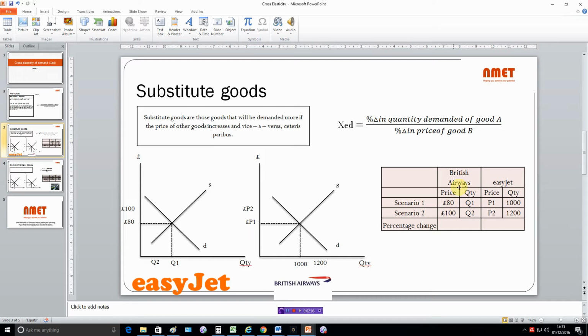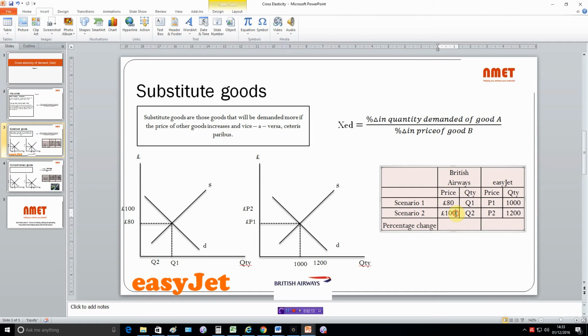For British Airways, the price was £80, and from £80 they have increased it to £100. So how much is that in terms of just price? It's gone up by £20. And how much is it in terms of percentage? What is £20 as a percentage of 80? A quarter. And what is a quarter as a percentage? 25%. Well done, 25%.